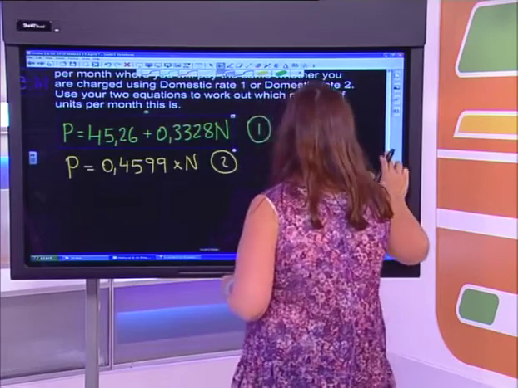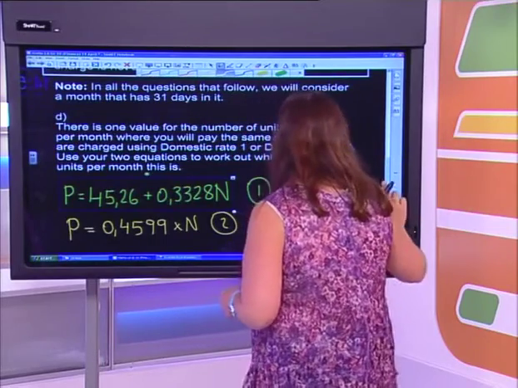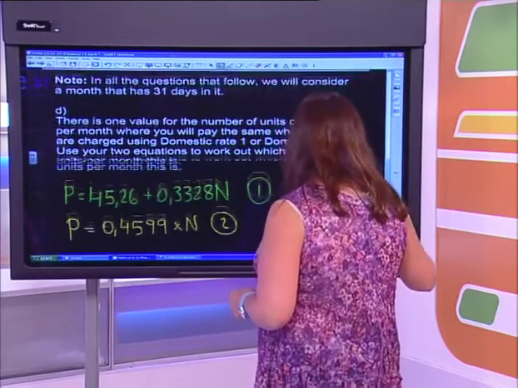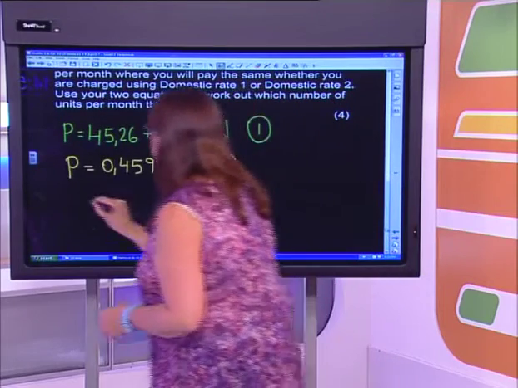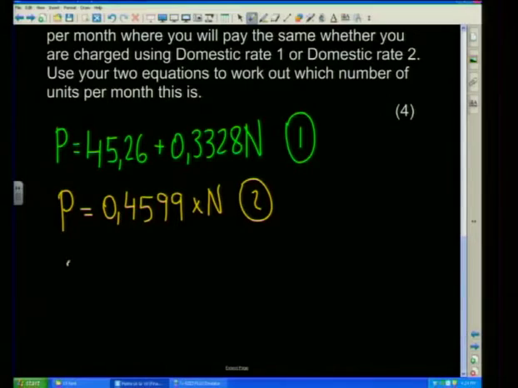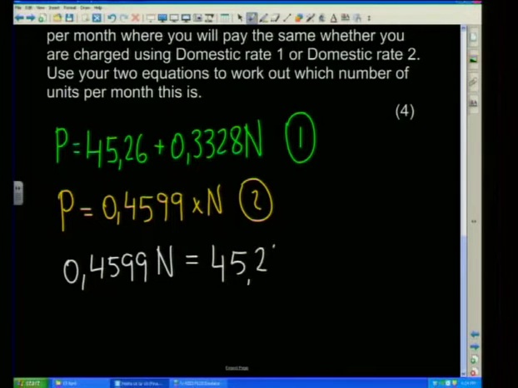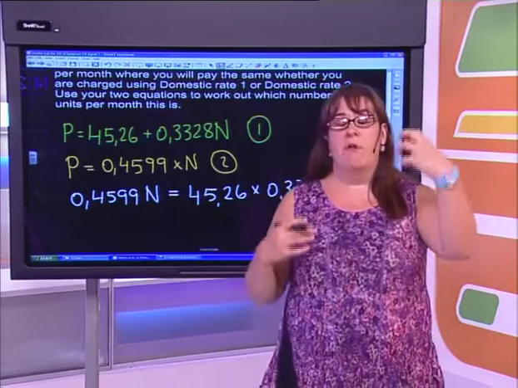So we had our domestic rate 2 times N is equal to our domestic rate 1, 45.26 plus 0.3328 N.